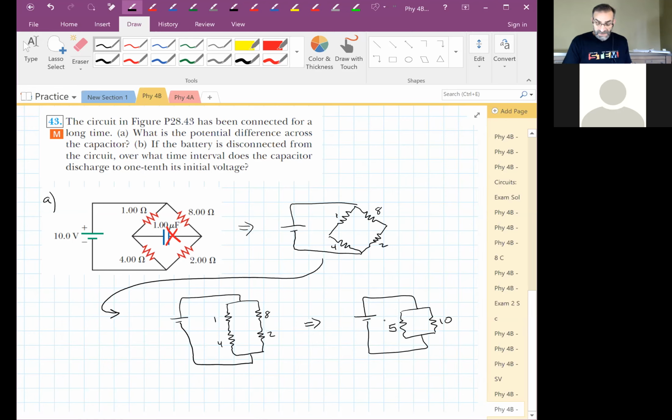Actually, you don't even have to treat them as parallel now. You don't have to go any farther because you know the potential difference across each one. What was it? 10 volts? You know you have 10 volts across the 5. You know you have 10 volts across the 10.